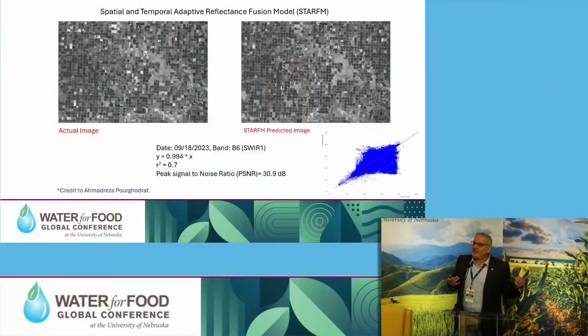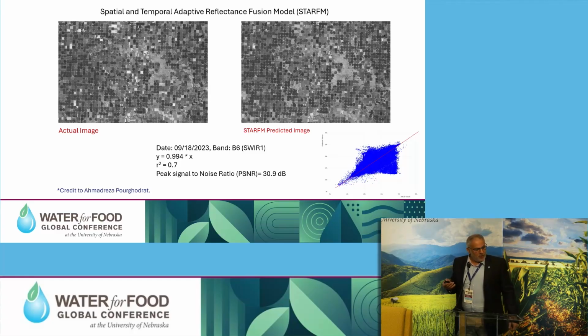We replaced MODIS and GOES with VIIRS to regenerate Landsat-like images, so Landsat provides us with daily images rather than every 8 or 16 days. That effort was done by our master's student, Ahmadreza Pourghasemi.